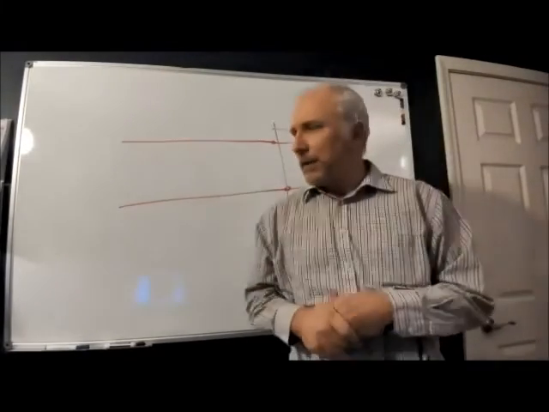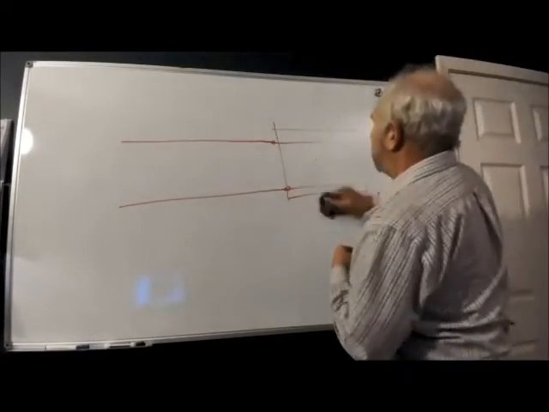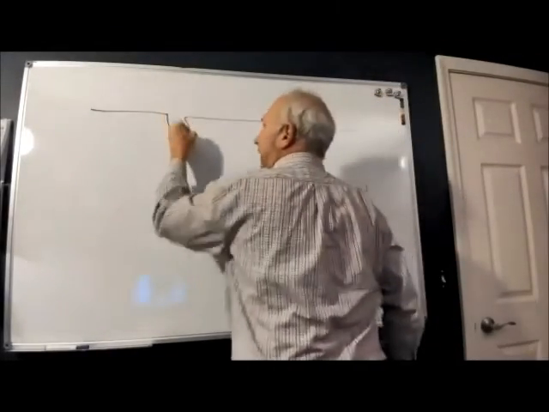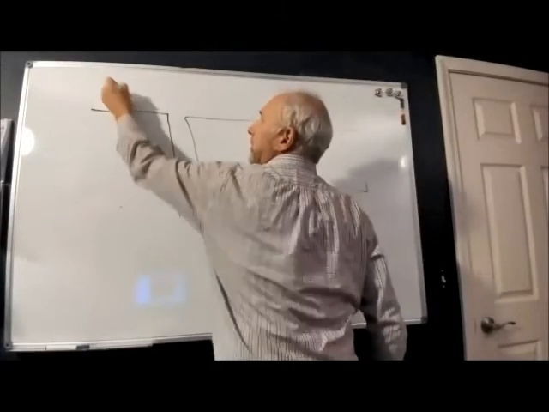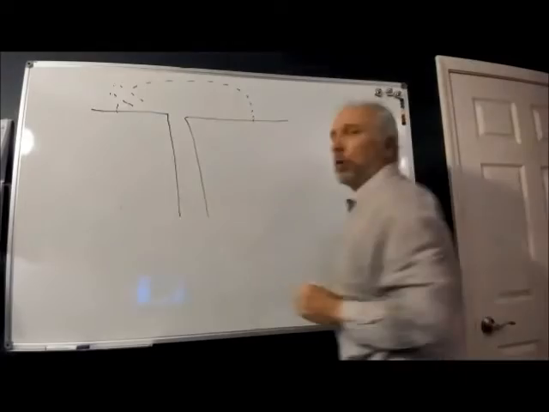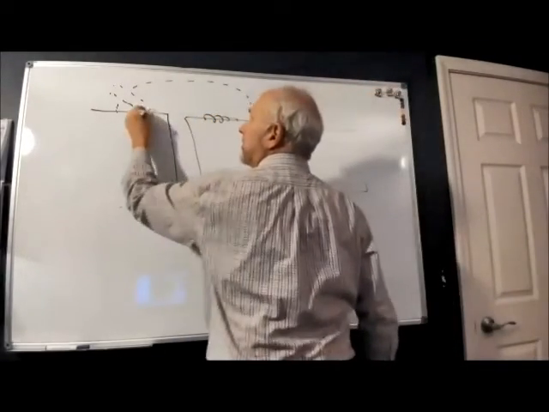Key parameter in the case of a dipole antenna, and that key parameter is the following. Let's draw a dipole antenna. We know that we have capacitance between the two poles of that antenna, and we also have inductance.